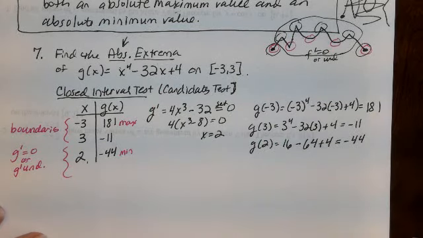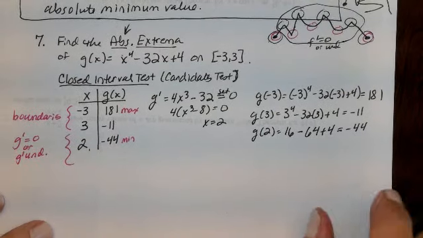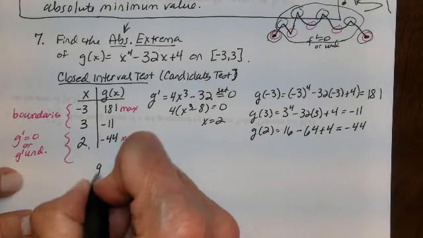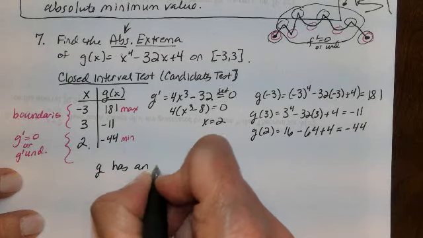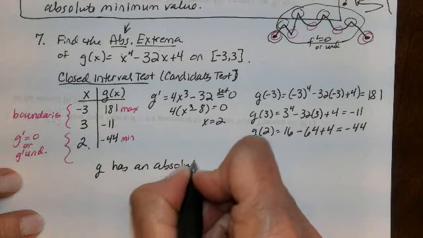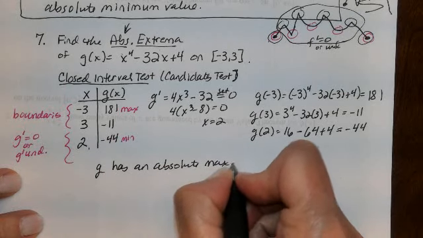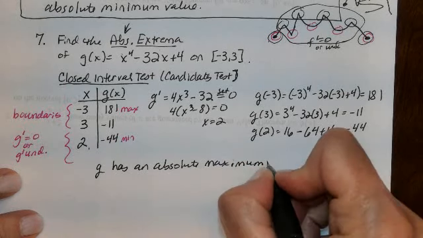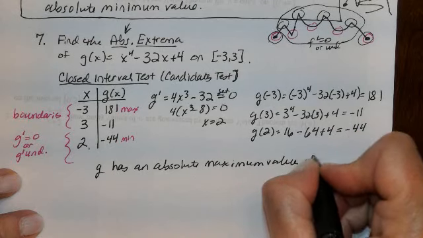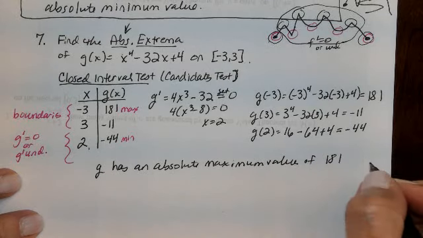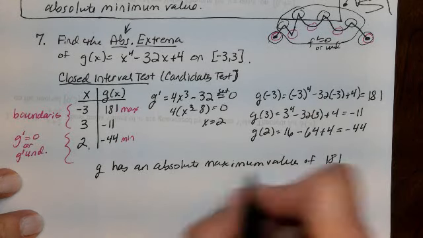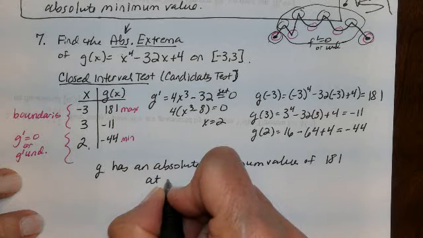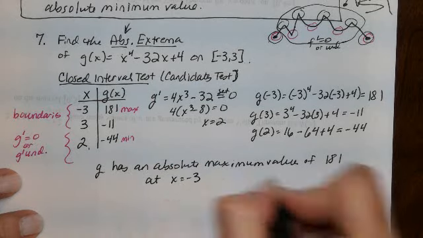But we need to say that in a logical way, right? So I'm going to say G has an absolute maximum value of 181. If you want to here, you can say at x equals negative 3.